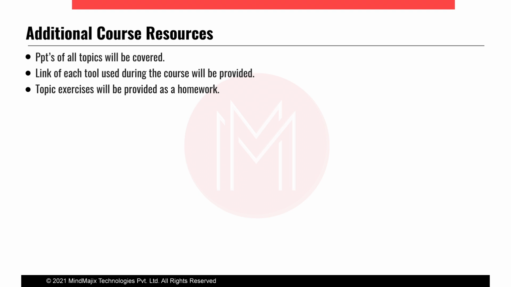After completing each topic, you will get around 5 to 6 exercises. Let's say we have completed arrays: based on one dimensional arrays and two dimensional arrays, you'll get approximately 6 to 12 topic exercises.